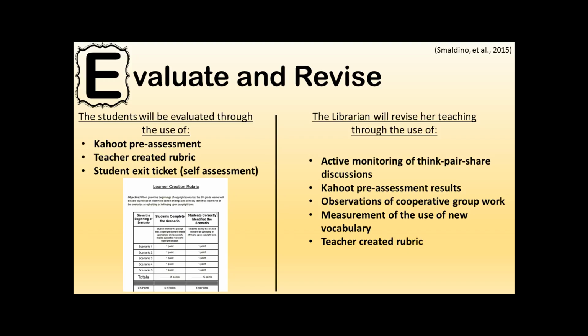The noticing of students using new copyright vocabulary can serve as an additional way to know how successful teaching was and what revisions are needed for future lessons. The teacher-created rubric is a concrete model of students' learning and can guide future instruction on areas needed.